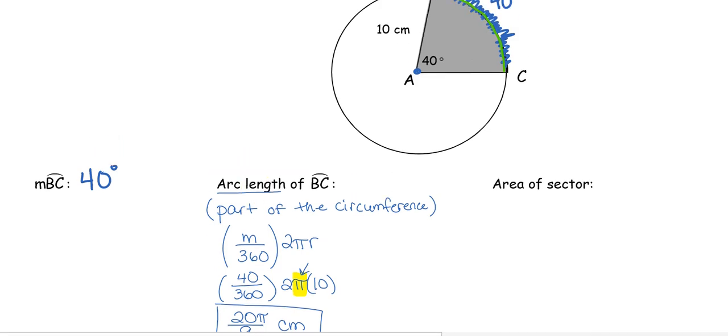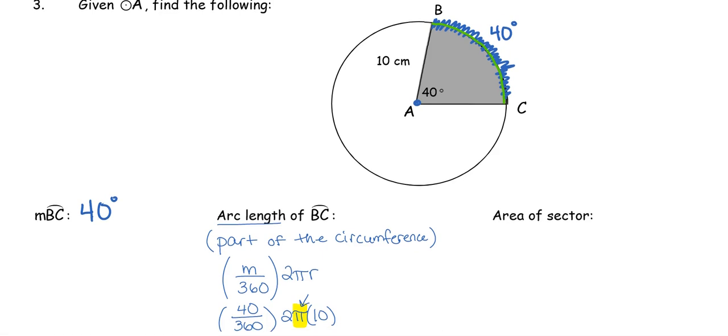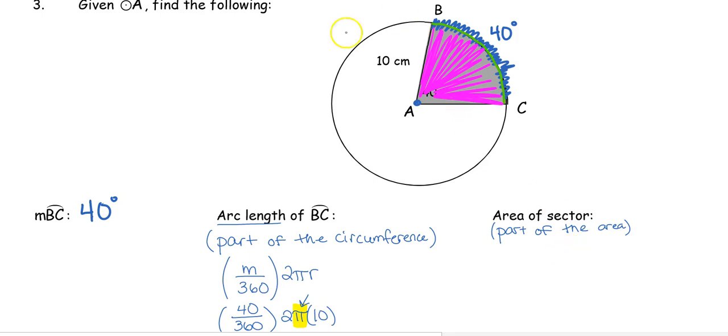Now I want the area of the sector. So now I want everything inside of that piece of pie, the area. And the area of the sector is part of the area of the whole circle. So if we think back to what we did with arc length, I didn't want the whole circumference, and now I don't want the whole area.